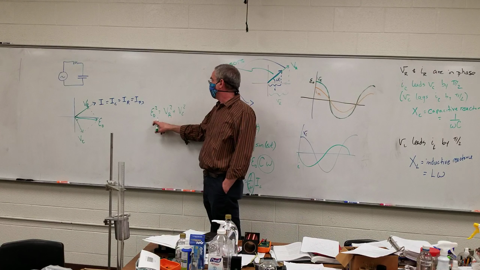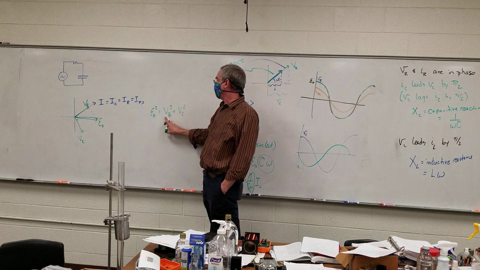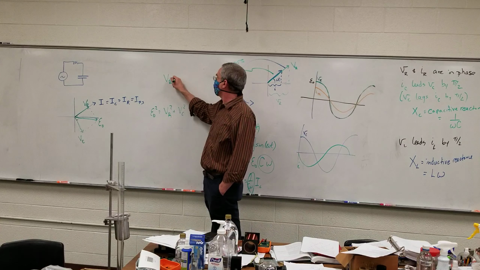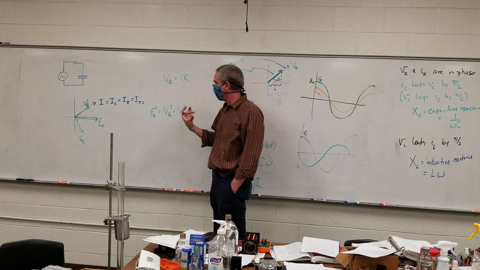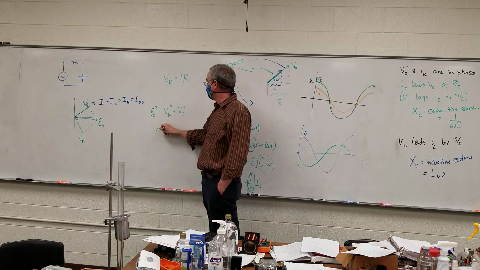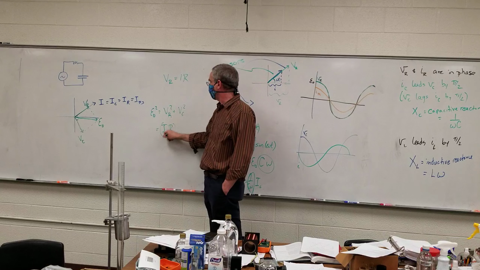I know that my voltage across the resistor is equal to IR. Ohm's law applies to the magnitudes or the amplitudes. So this is equal to I times R, squared.